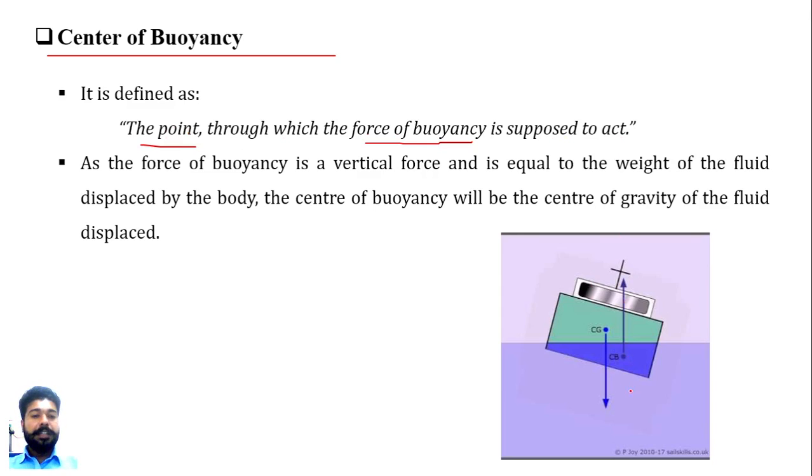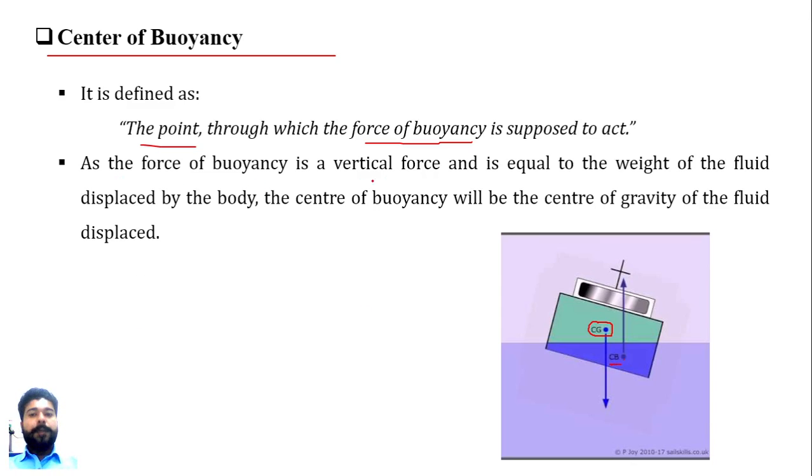Like this, you can see in this figure there is one CG, which is the center of gravity of this body, and CB, the center of buoyancy, which is the point at which the force of buoyancy is supposed to act, and as a result of this force any body can float on the free surface of liquid.